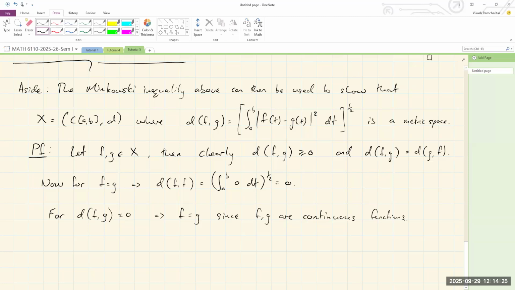If, for example, the space was not the space of all continuous functions, if it was just the space of all integrable functions, then this will not work, because you could have two integrable functions f and g such that when you work out d of f, g, it will be zero, but those two functions may not be the same. They could differ by a countable number of points.